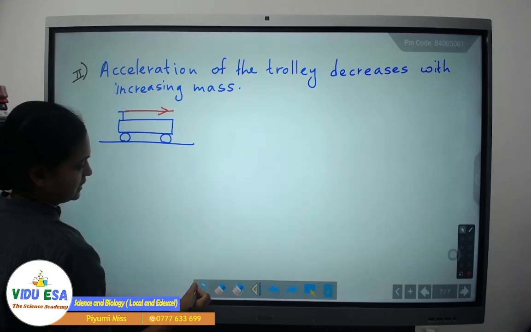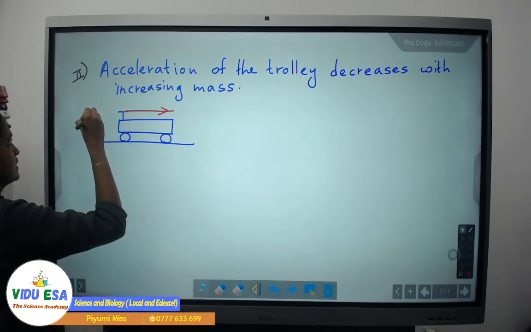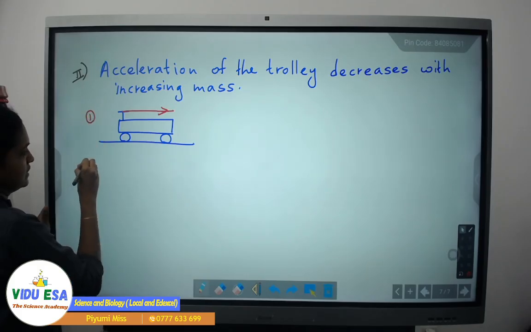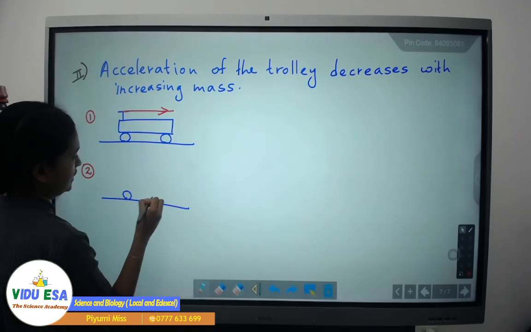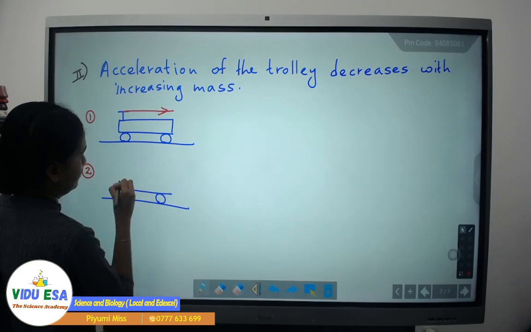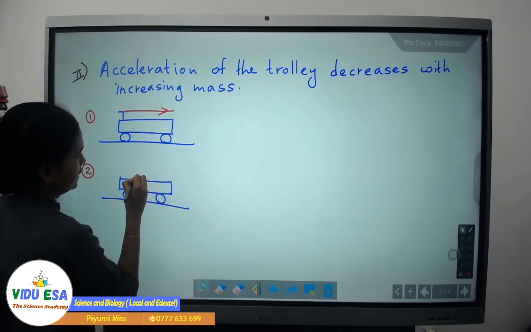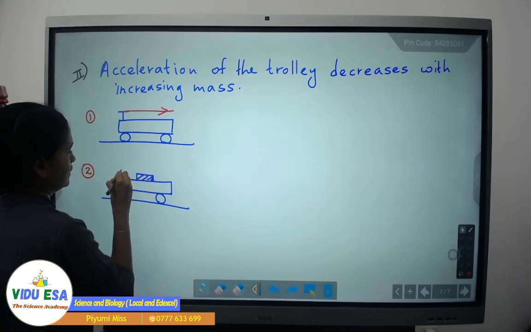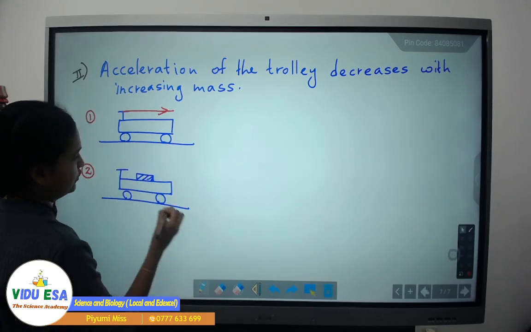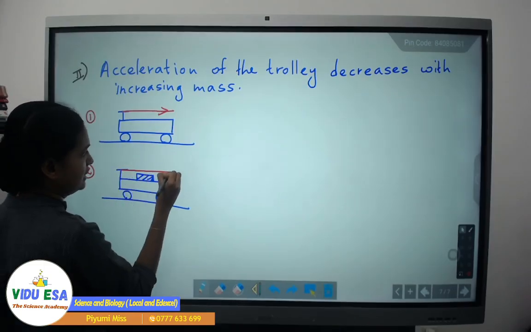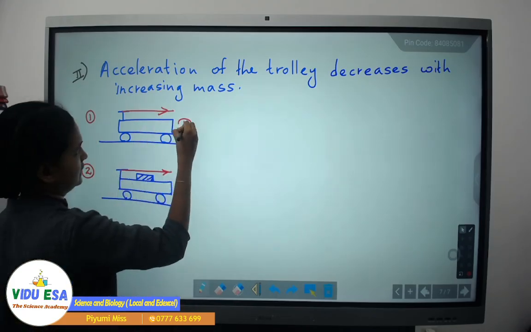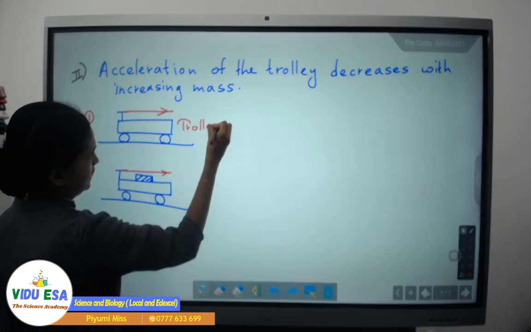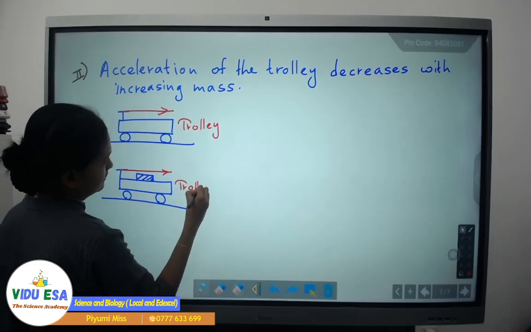In the next instance, you keep a weight on the same trolley, an additional weight. Then you apply the force once again, only till the end of the trolley, extending the rubber band till the end of the trolley. Here, this is the trolley, and here the trolley with the mass.